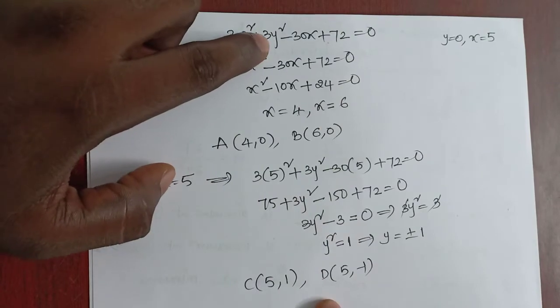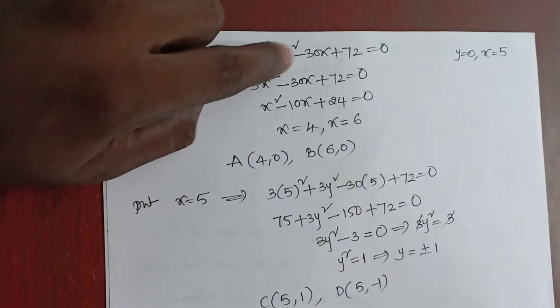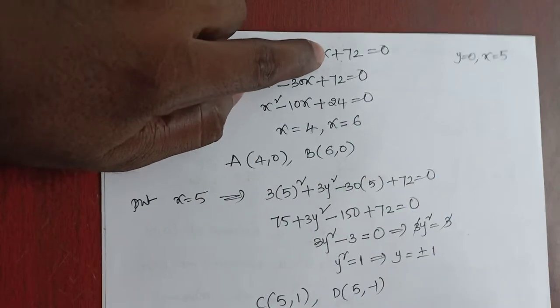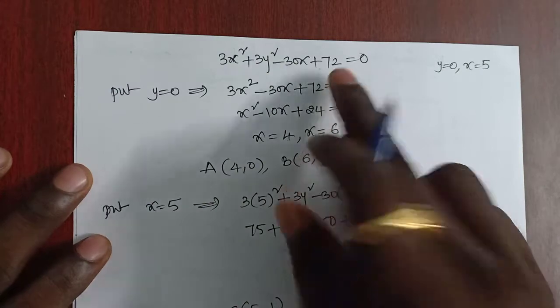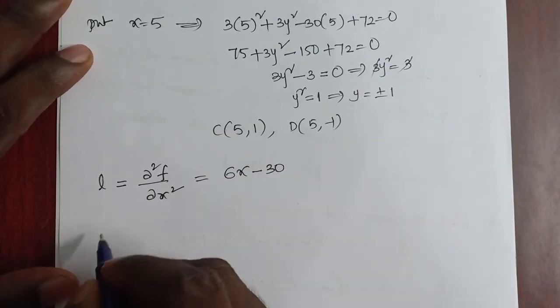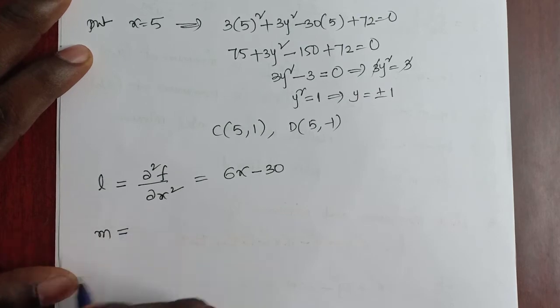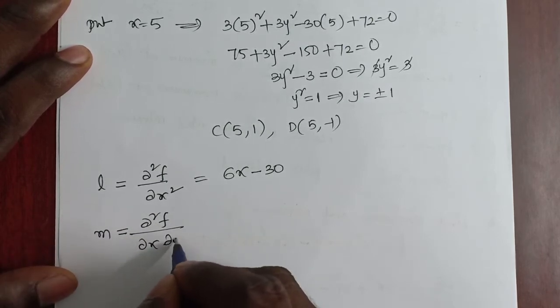For 3y square it is 0. Why? Because we need to differentiate with respect to x again, so that it is 0, minus 30 into, for x it is 1, so minus 30, and the derivative for constant is 0, so no need to take this. 6x minus 30.